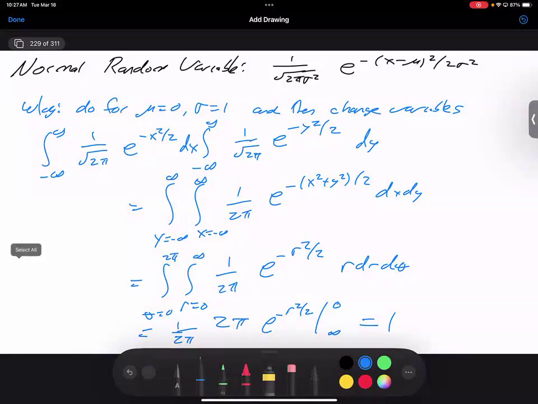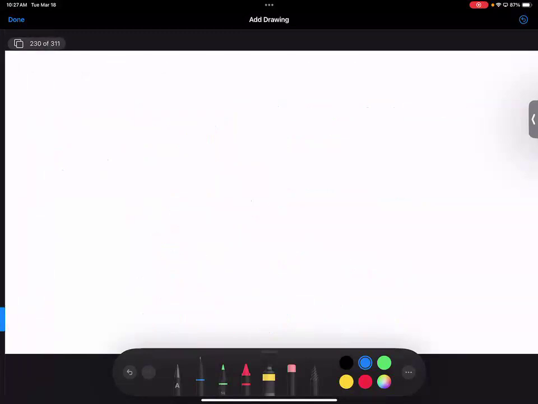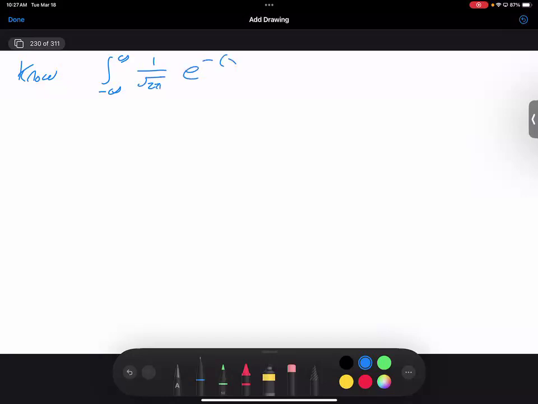Okay, so let's try to calculate the moments. All right, so we know the integral from minus infinity to infinity of 1 over the square root of 2 pi e to the negative (x minus mu) squared over 2 sigma squared dx equals sigma.